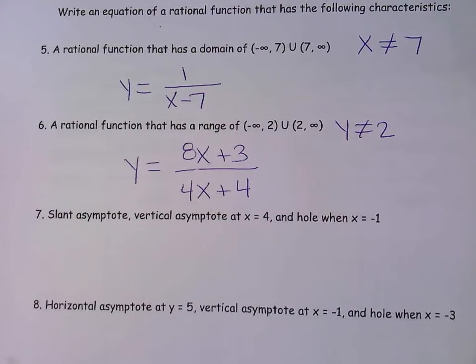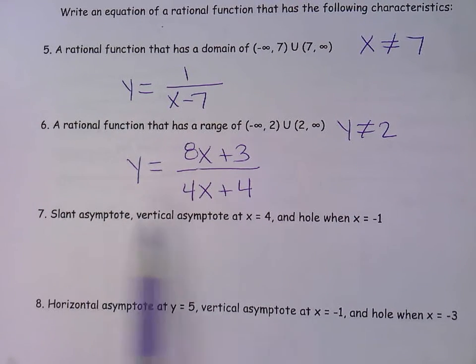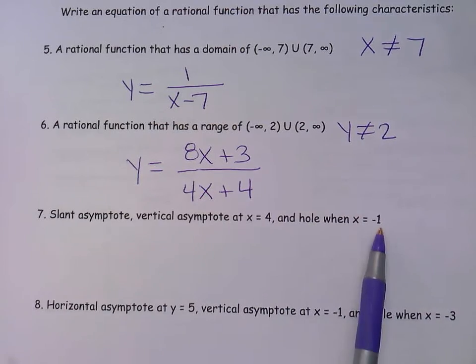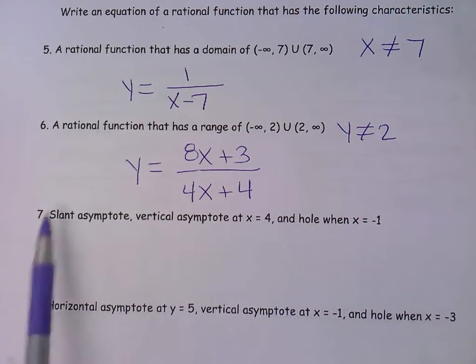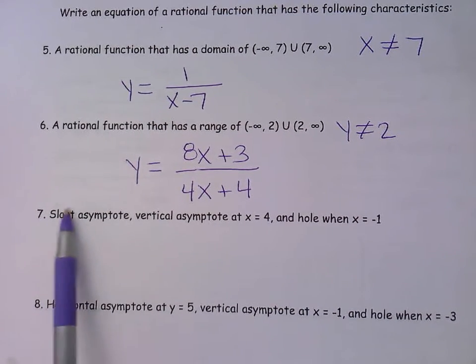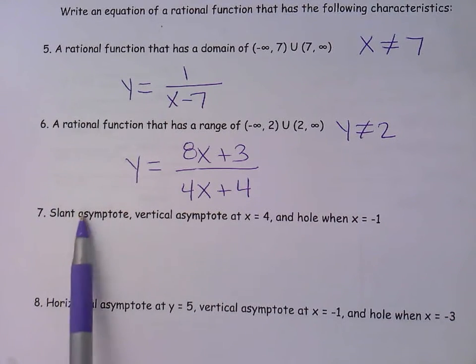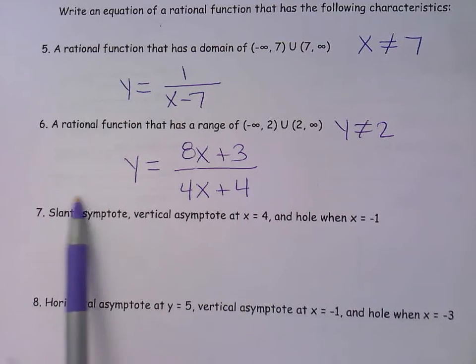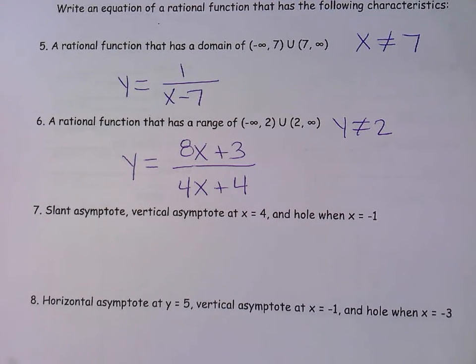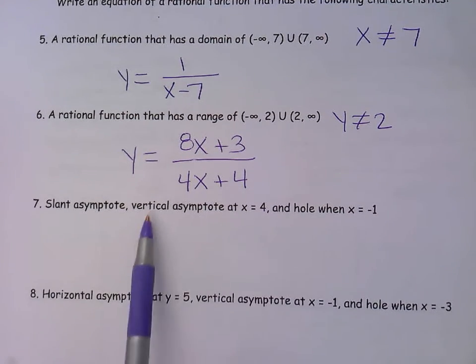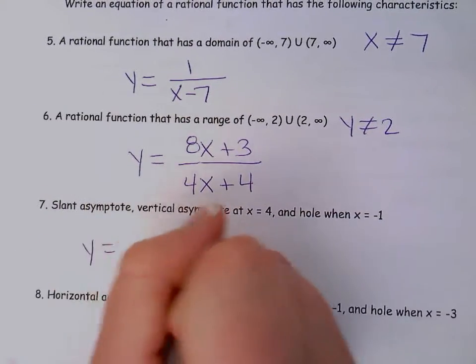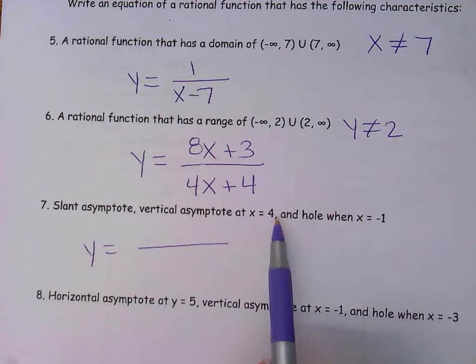So now let's see, this has to have a slant asymptote, it has to have a vertical asymptote here, and it has to have a hole this time. So thinking to the end of this problem, a slant asymptote, where does the power have to be the biggest for there to be a slant asymptote? Numerator. So just thinking ahead to that, let's build this. So it has to have a vertical asymptote at x equals 4.